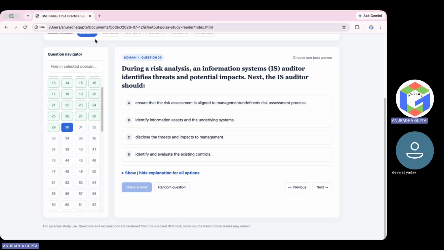We need to classify the asset into low, medium, high and critical asset. Once we classify the asset, we need to address the high and critical assets. Those assets obviously have a few vulnerabilities, so we need to identify the vulnerabilities.